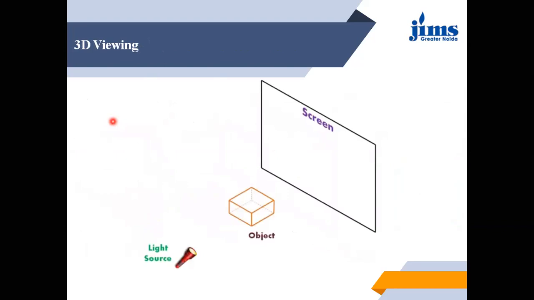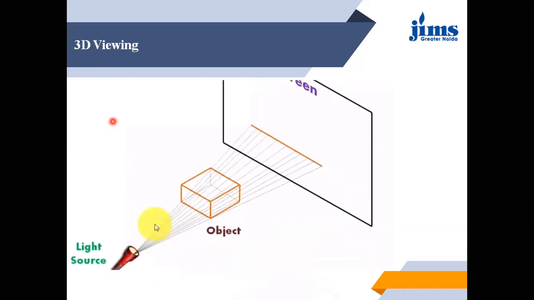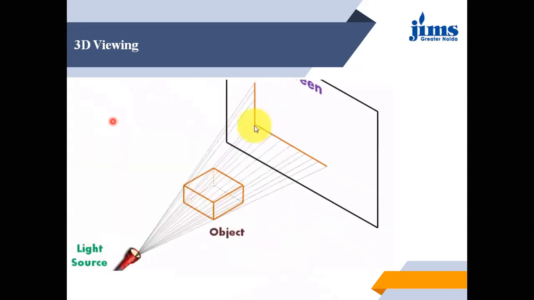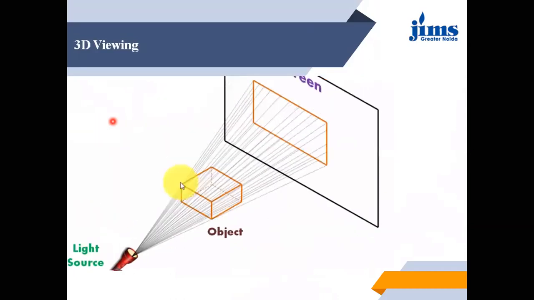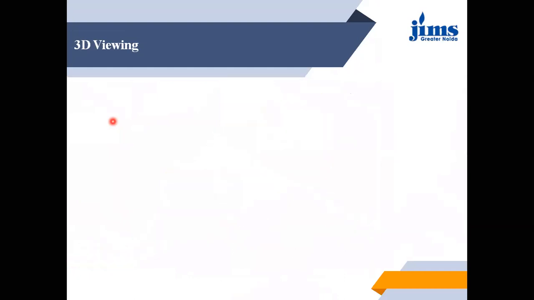Now we saw the different types of views we can see of an object. We discussed how we can see the projection of the bottom edge, projection of left, projection of right, projection of top edge, and this is the image, meaning how the image of an object is going to be formed or how it is going to look at the view plane.